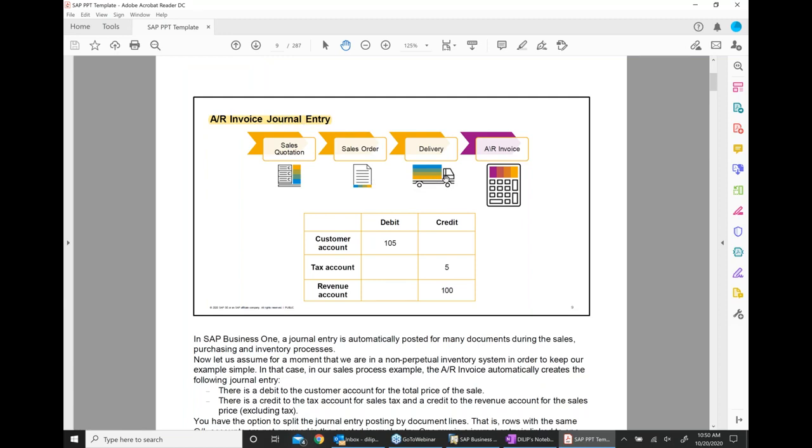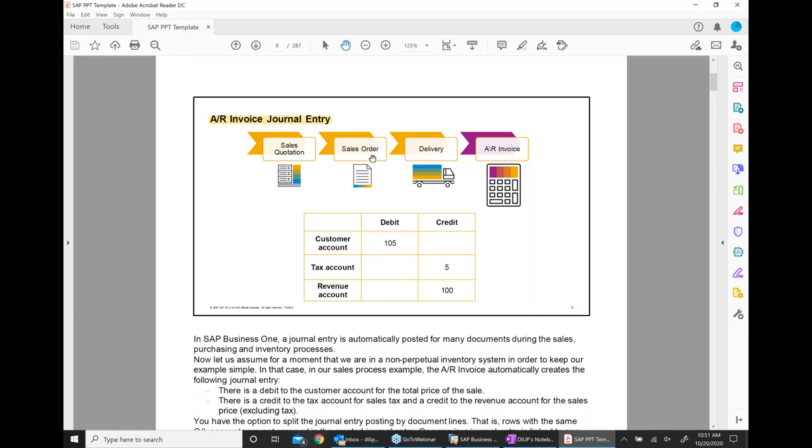Now let's understand what this sales cycle basically means. Customer calls us and asks for a quotation. We submit a quotation to the customer. On the basis of quotation, we create a sales order. Based upon sales order, we create a delivery. Based upon delivery, we create an AR invoice or customer invoice.